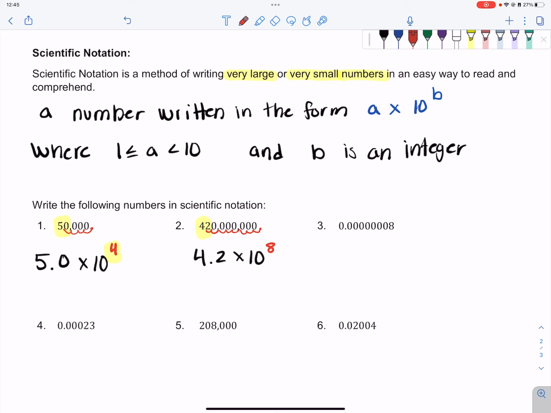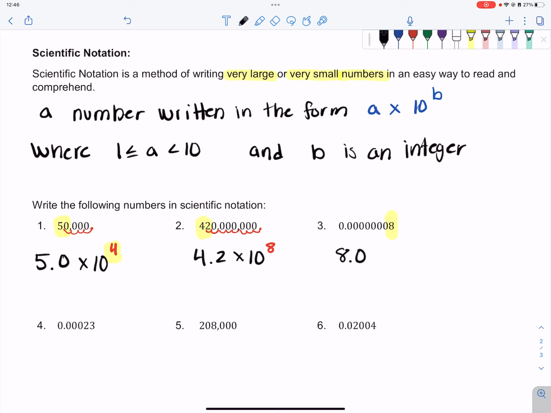The next number that we have here is 0.0000008. With this, I'm going to find my first non-zero number from left to right, and we have that it's an 8. So that means I want my decimal place to be right after that. Technically, I wouldn't need the 0.0 on this one or on the first problem that we did either, but I'm essentially just writing it for emphasis to show where that decimal place is.